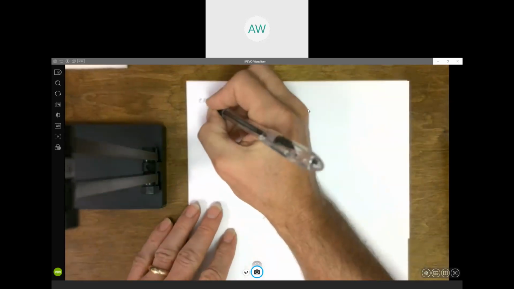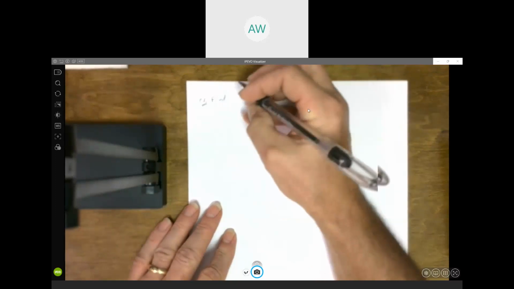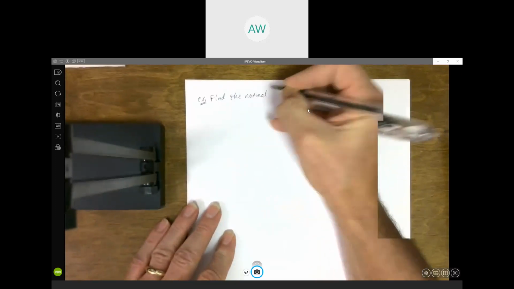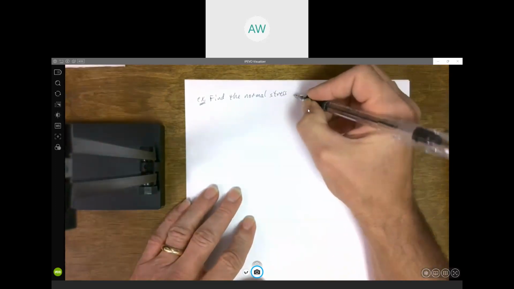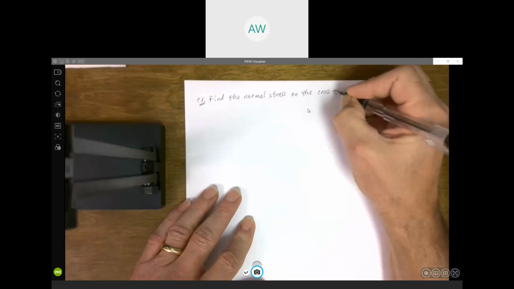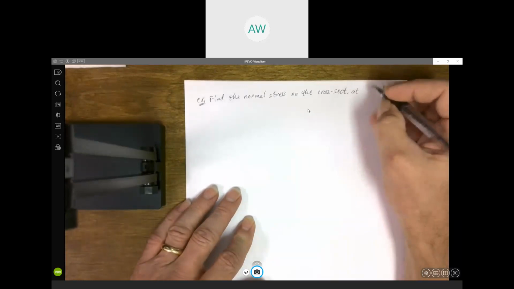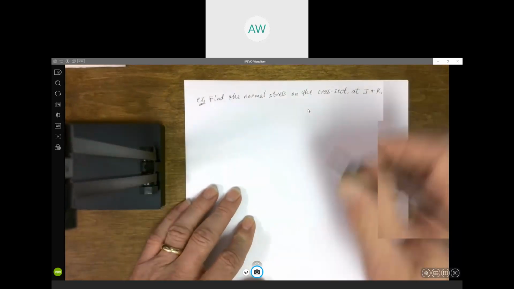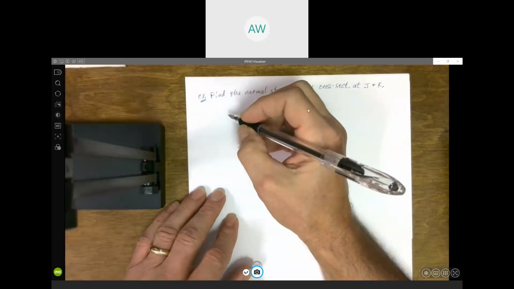So we are going to hopefully find the normal stress on the cross section at two places, points J and K. All right, so now let me draw this. It's kind of a strange looking bar.